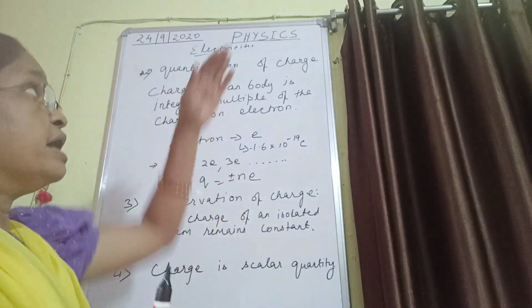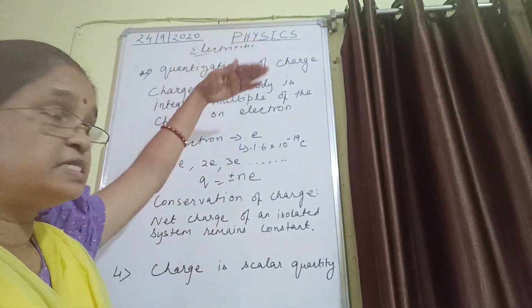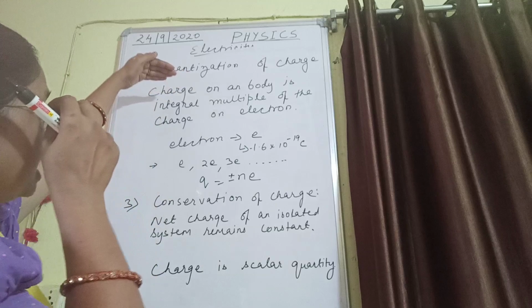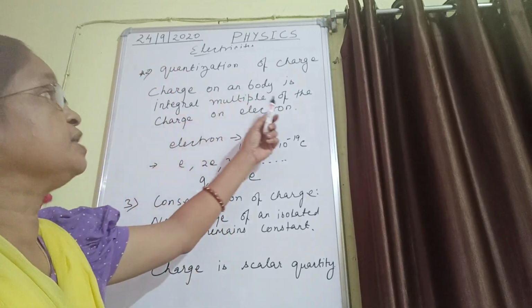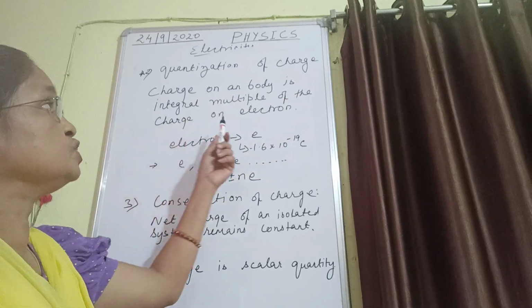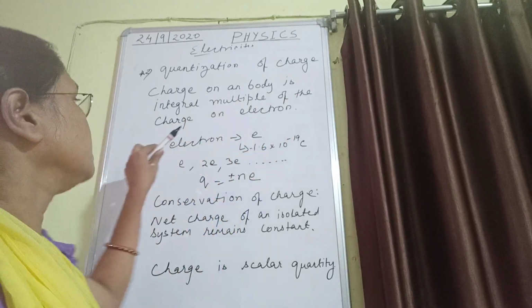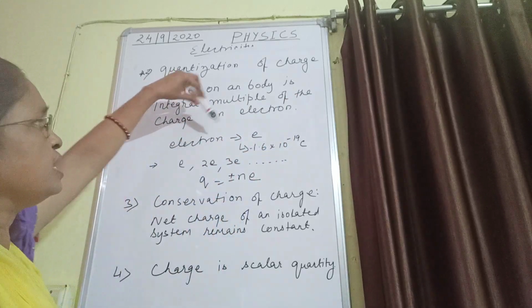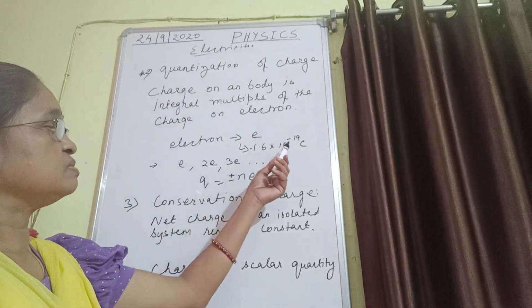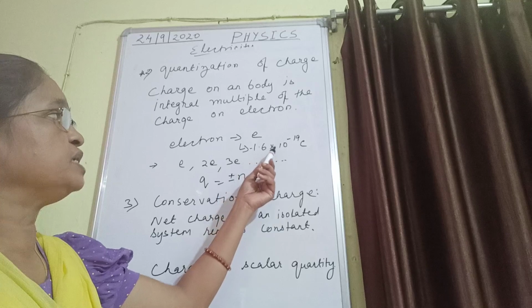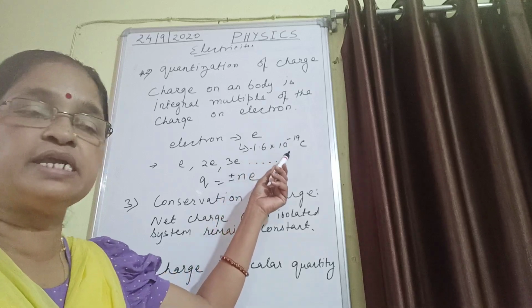So, the charge on a body is an integral multiple of the charge on an electron. If we denote the electron charge with e, we know that the charge on an electron is 1.6 times 10 to the power minus 19 coulomb.